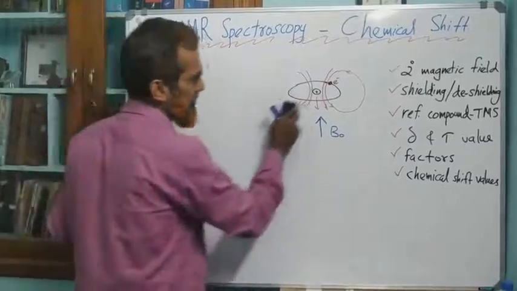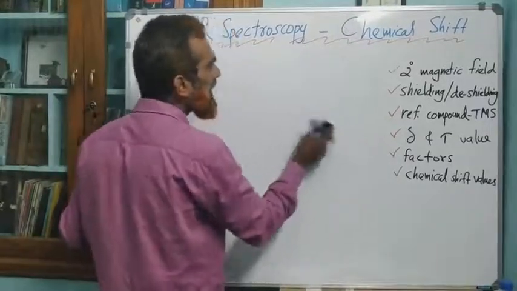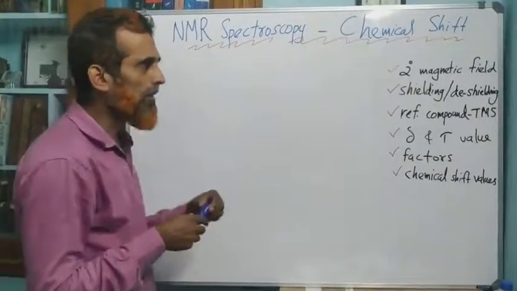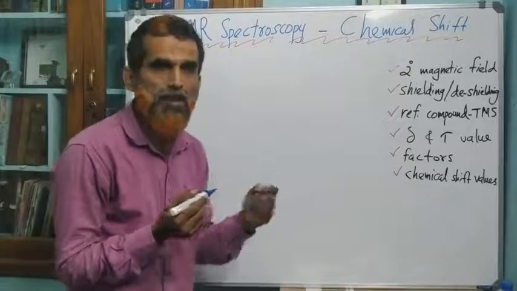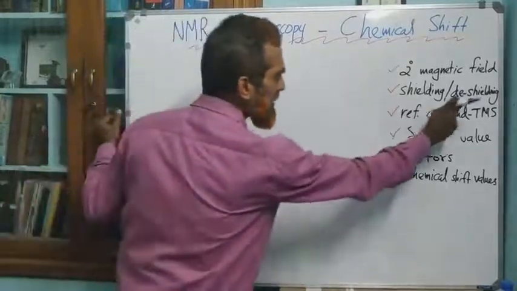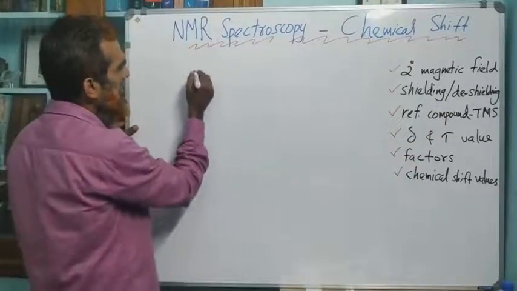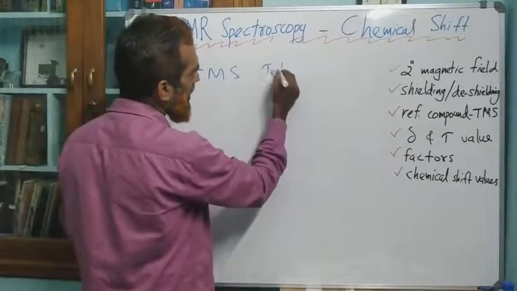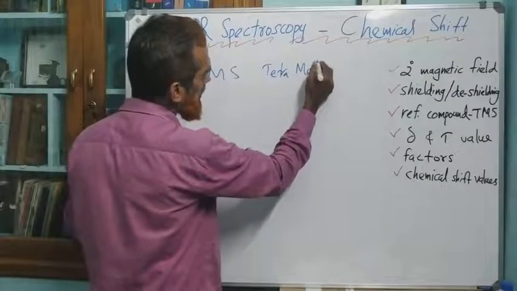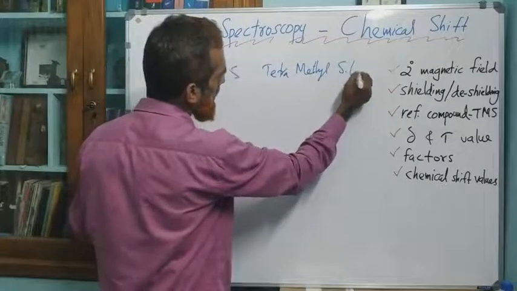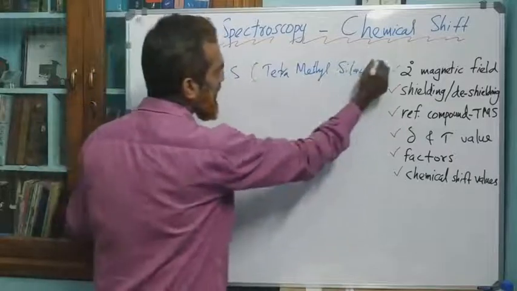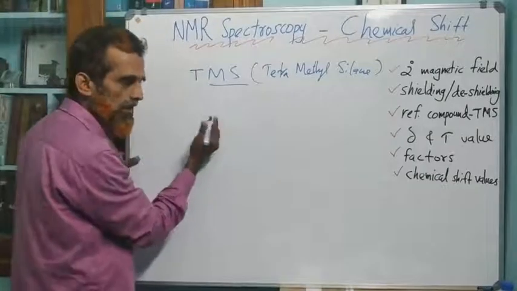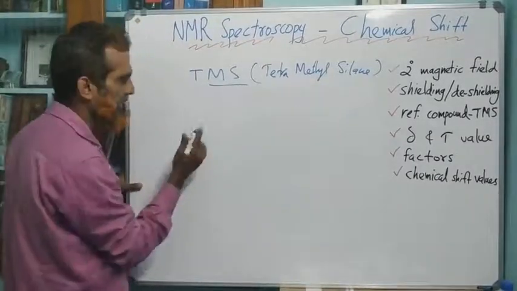So what to do? As usual in science, we will go for a relative scale, right? So here, we make use of a reference compound that is called TMS, tetramethylsilane. This is used as a secondary reference compound for determining chemical shift.